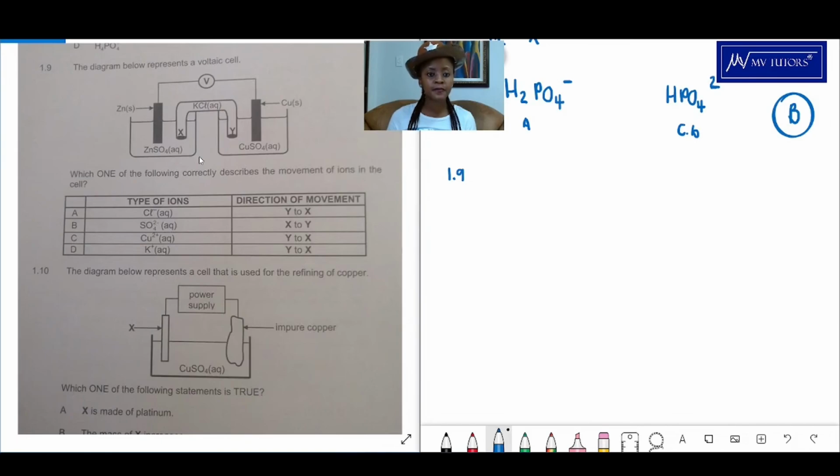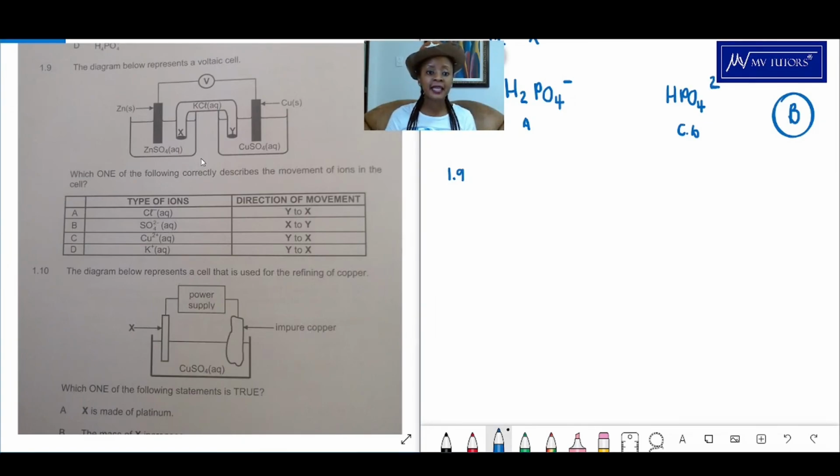Just before we even answer this, I wanted to explain again what happens in a voltaic cell. You initially have your zinc and you have your copper. They're both solids. Those are your electrodes that you're going to put into the electrolyte solution.